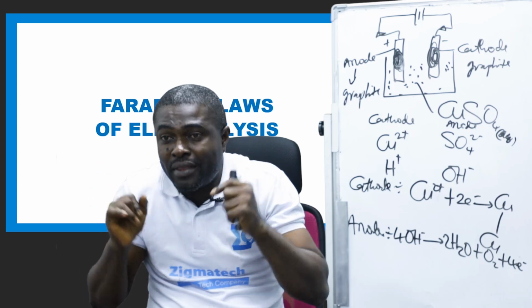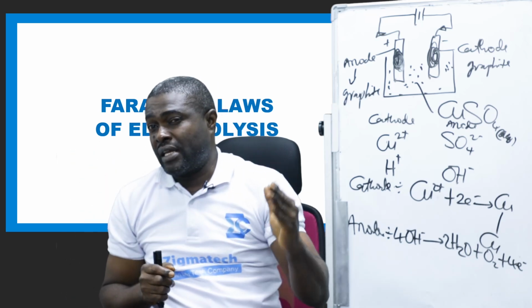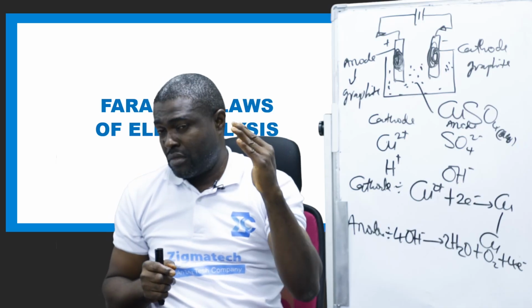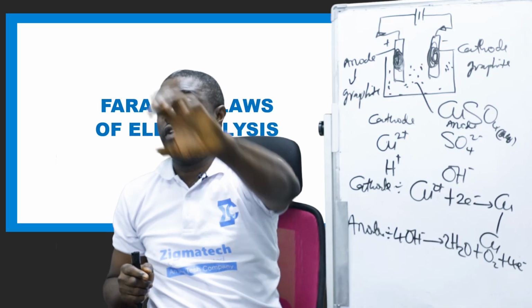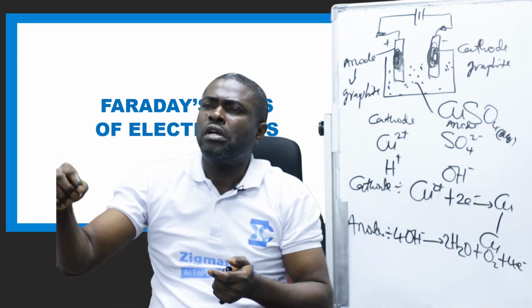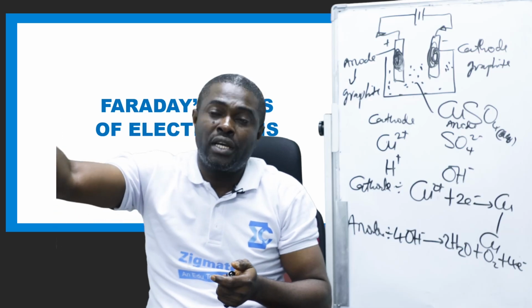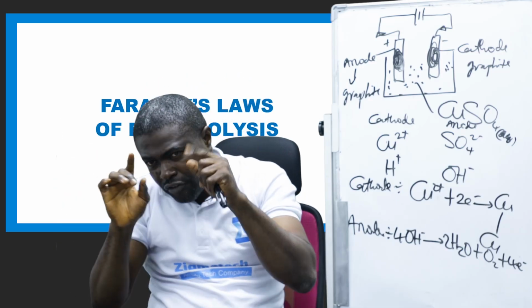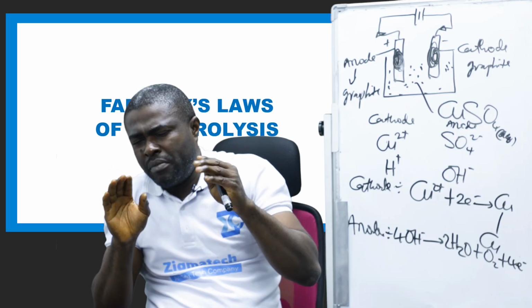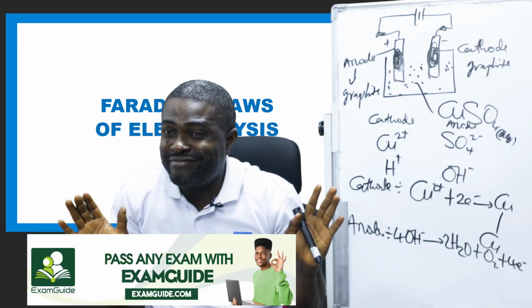He noticed that as he increased the quantity of electricity from the current source, the mass of copper you get at the end of the process also increased. Take for instance, originally maybe 20 coulombs of electricity was passed across, right?